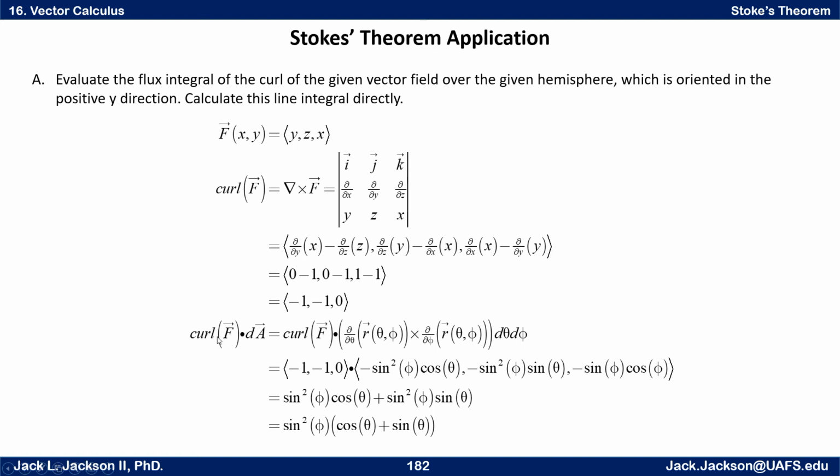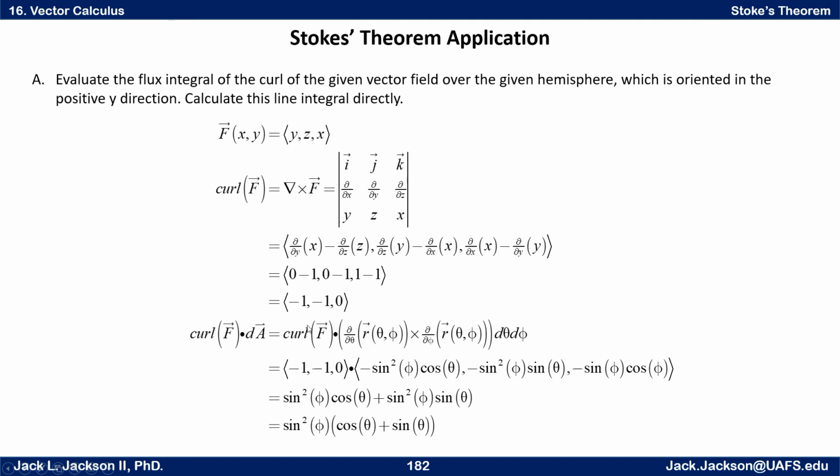So now we need to do curl dot dA, which is the curl dotted with this thing right here, which we found on the previous page, d theta d phi, in one order or the other. So pulling this from the previous page, we have this here, and then the curl is what we just came up with.